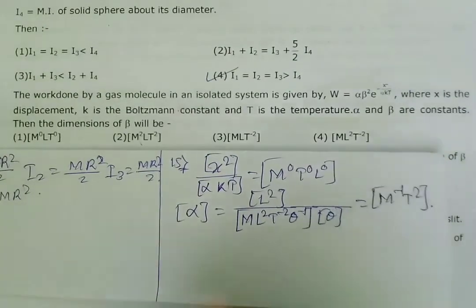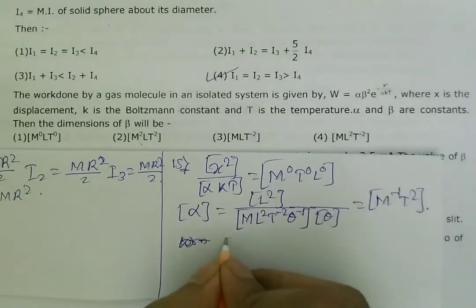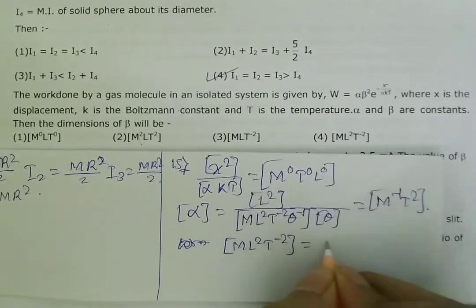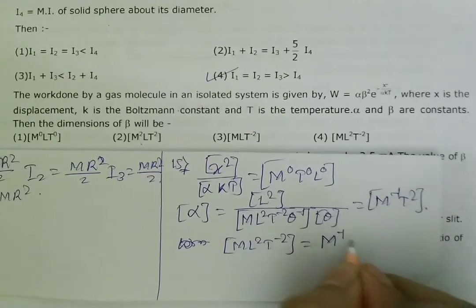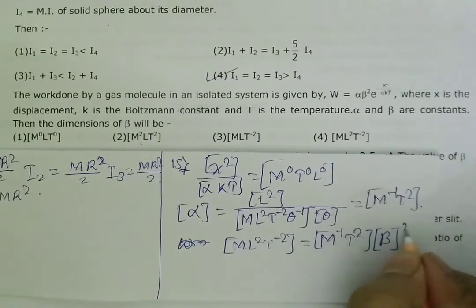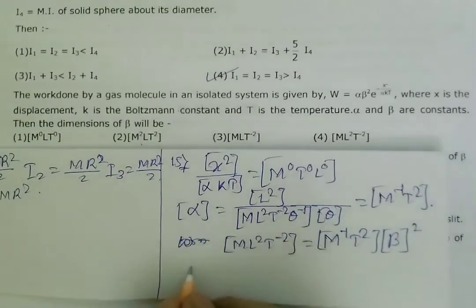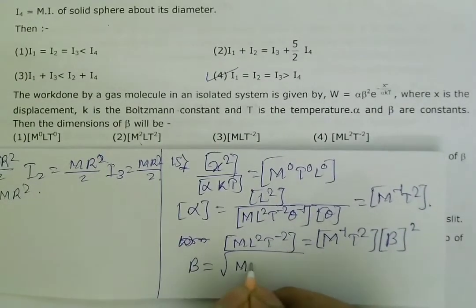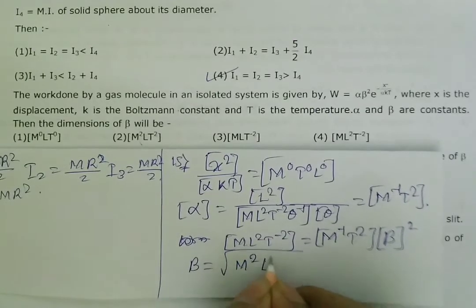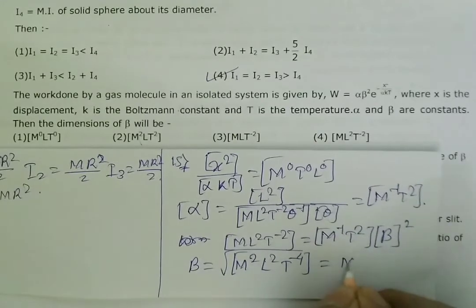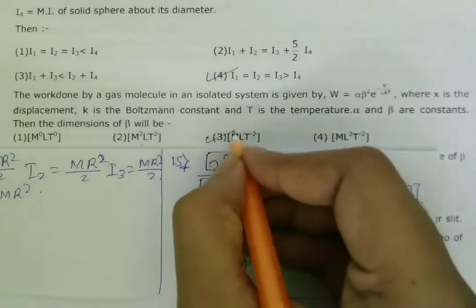And the dimension of work done is m L square t to the power minus 2, which is equal to m inverse t square into beta whole square. So beta will be root over m square L square t to the power minus 4. So we can say this is m L t to the power minus 2. So option 3 is the correct answer.